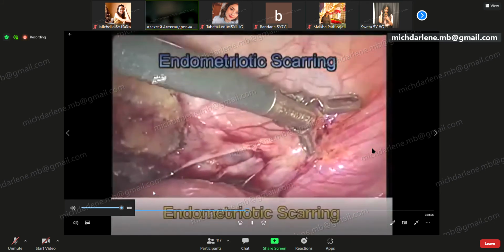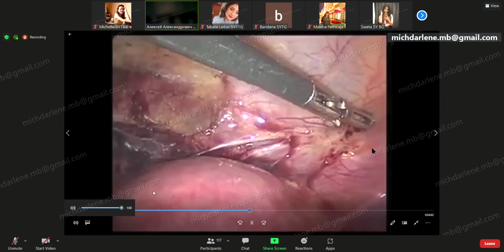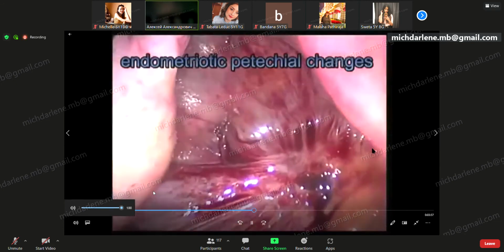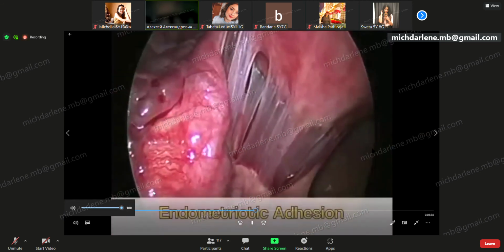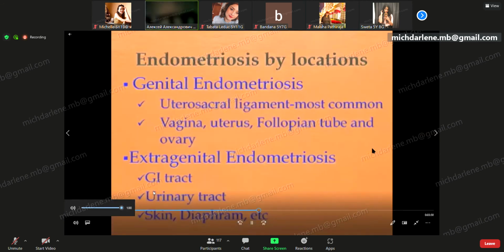Most gynecologists easily recognize powder burn or black lesions as endometriosis, yet non-pigmented or subtle implants that are vesicular, red, white, or peritoneal defects may also be endometriosis.